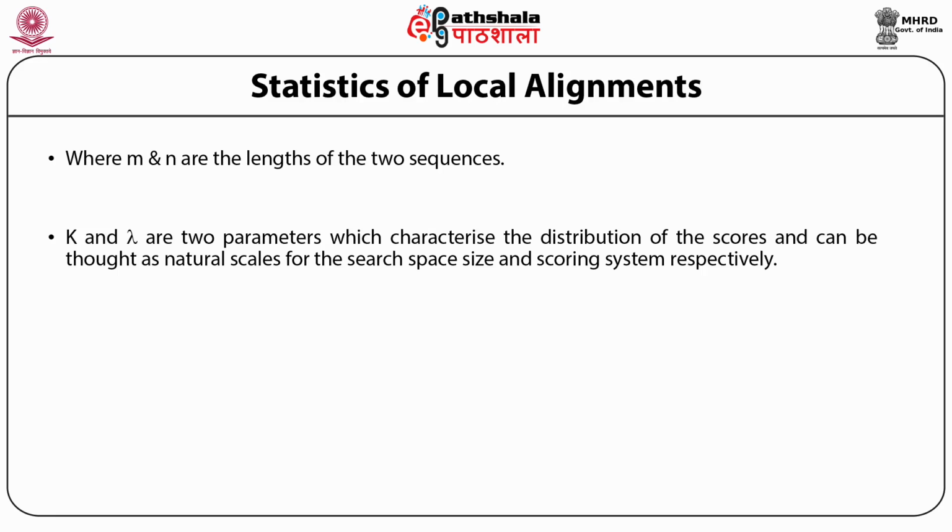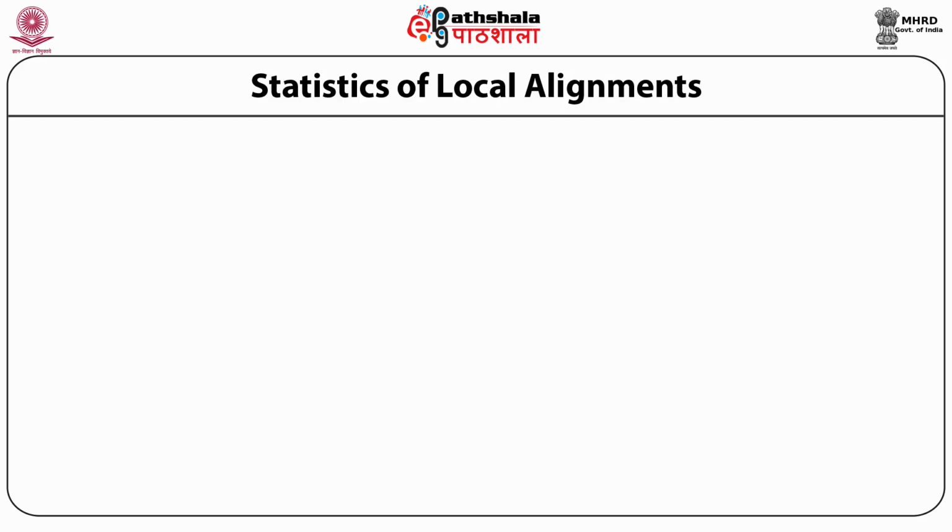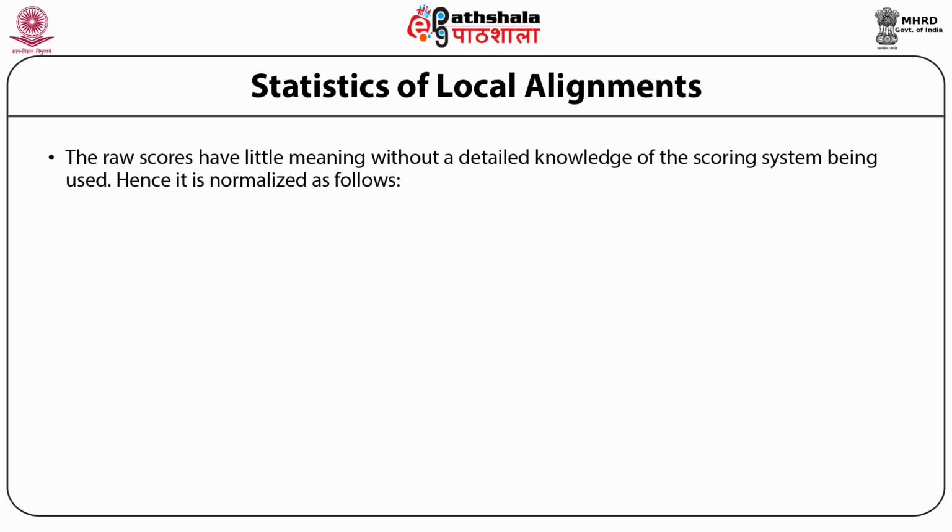So what we get finally from this equation is the E value for a score, the expectation value for the score given S. Now the raw scores don't have much meaning without a detailed knowledge of the scoring system.